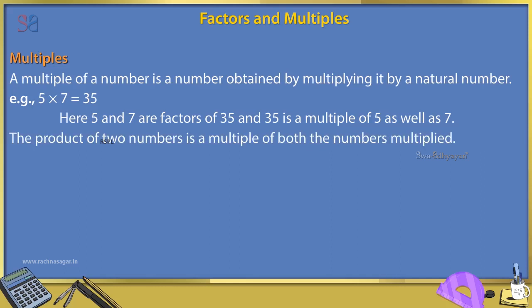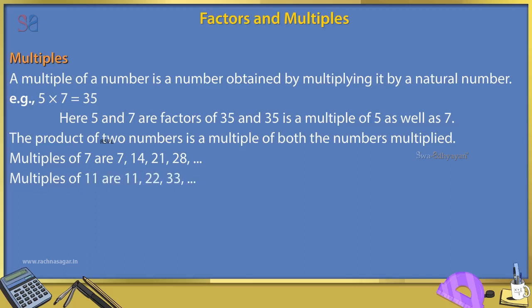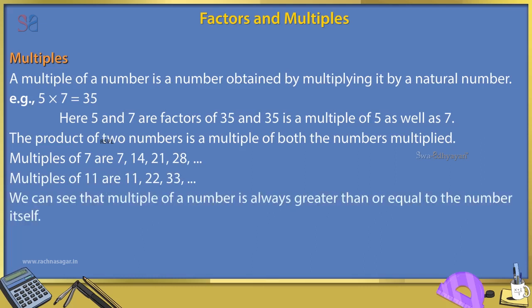The product of two numbers is a multiple of both the numbers multiplied. Multiples of 7 are 7, 14, 21, 28 and so on. Multiples of 11 are 11, 22, 33 and so on. We can see that a multiple of a number is always greater than or equal to the number itself.